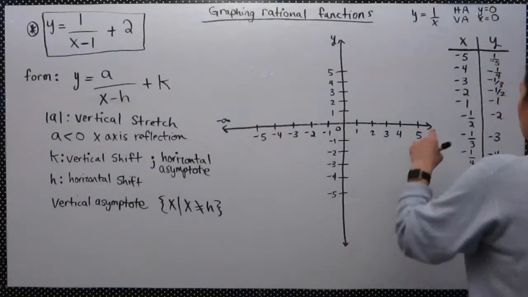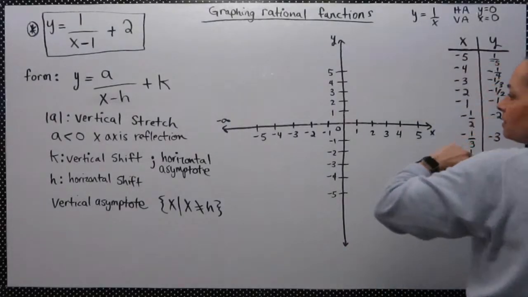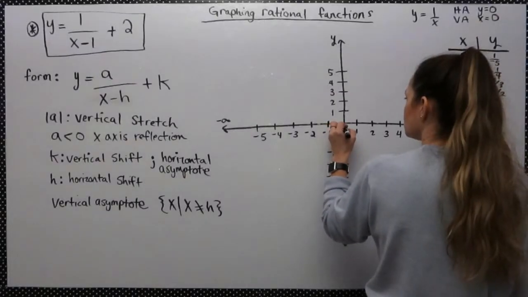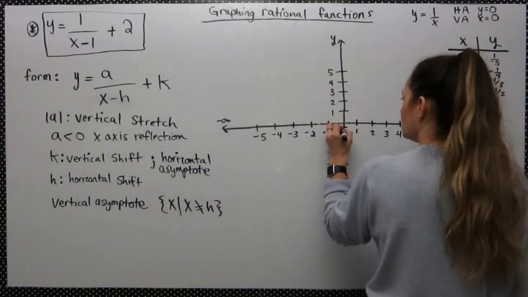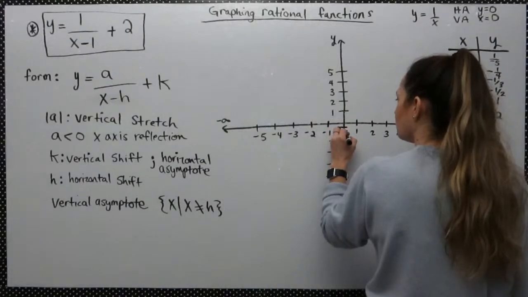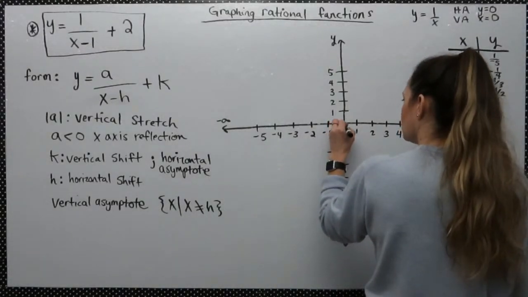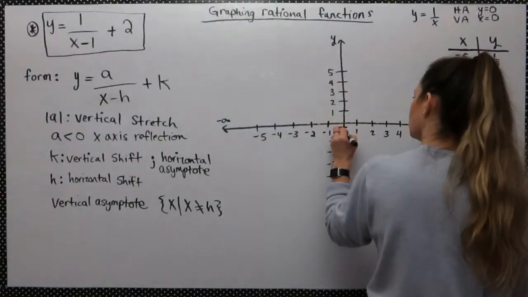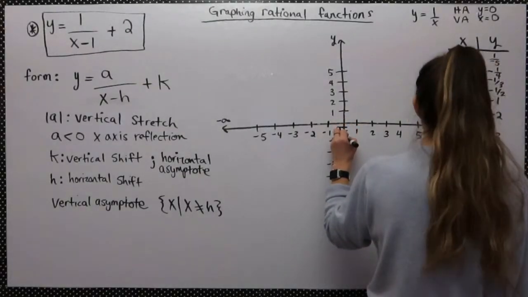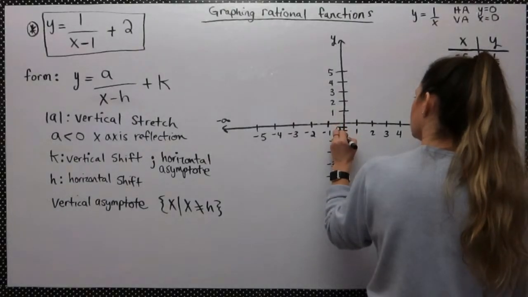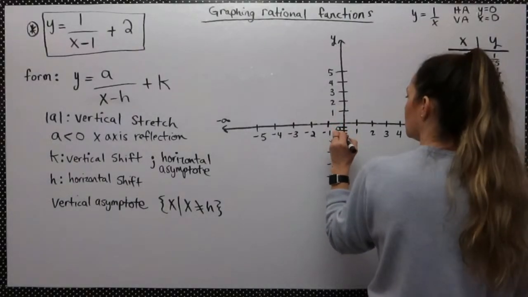So we'll start out at -5. We're going to -5, -1/5. And we're going to have to split this one up a little bit. So we'll say 1, 2, 3, 4. No. -1/5, -1/4, -1/3, -1/2, -1.